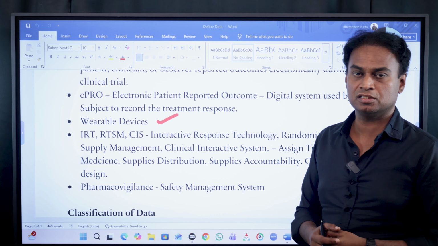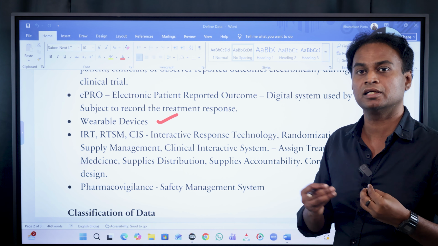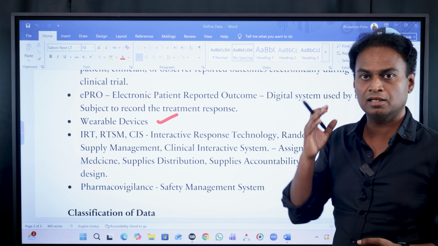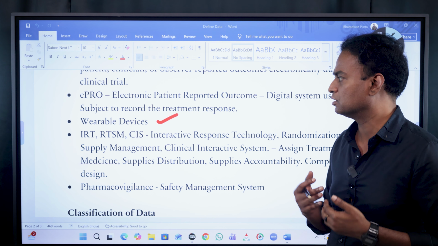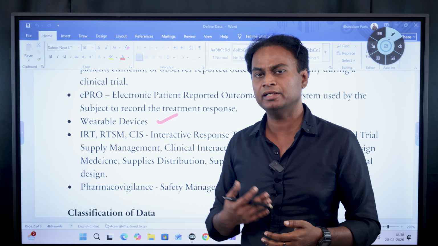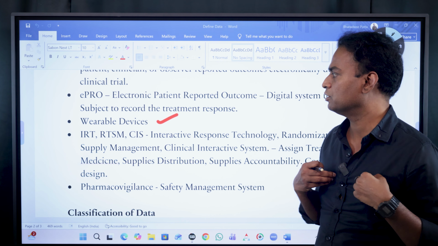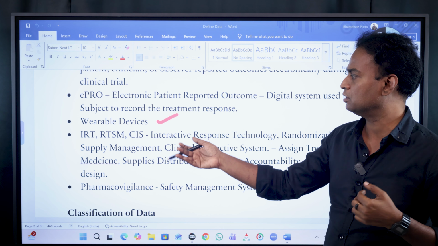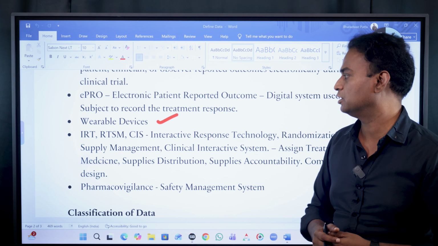Or if there are any abnormal electrical signals from the brain, there are certain devices kept on the skull, so that the devices capture the electrical signals continuously. There are different varieties of wearable devices, or other devices that can be inserted into the body. Those capture the details as well, and are also used in clinical trials.